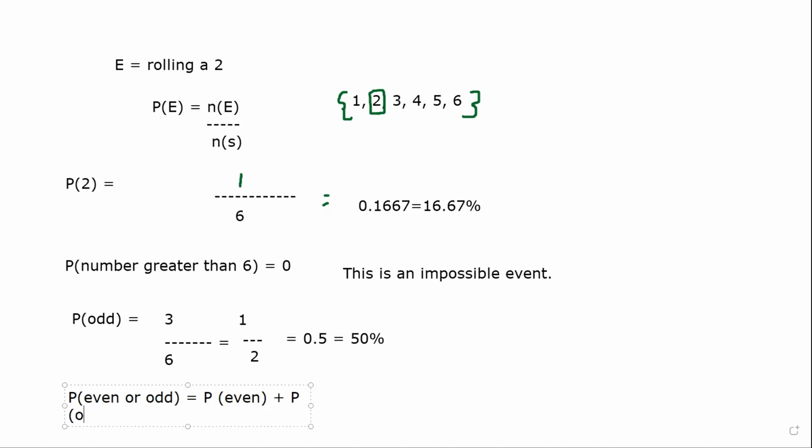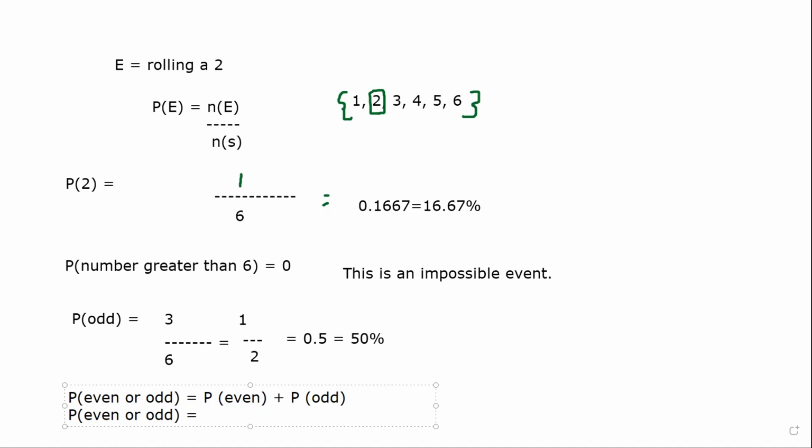Any of these numbers correspond to that. So here we have probability of even or odd. And this will make more sense when you get into 4.2.